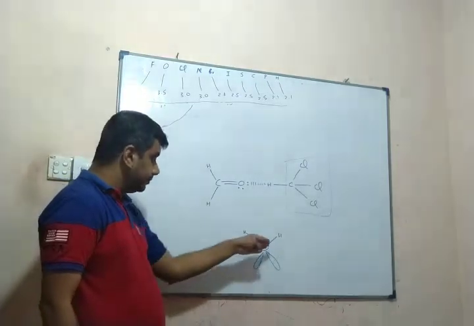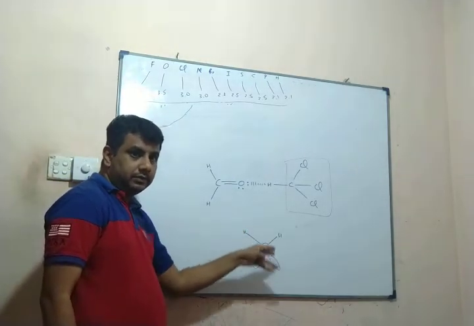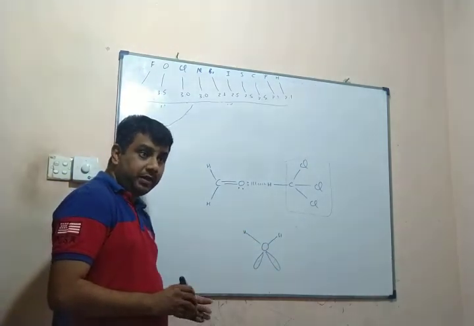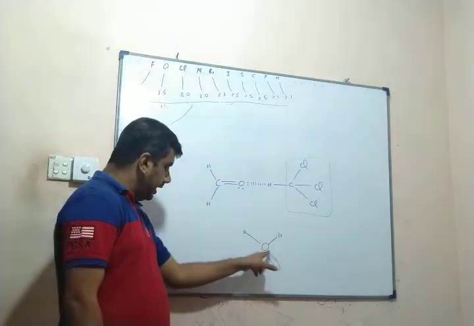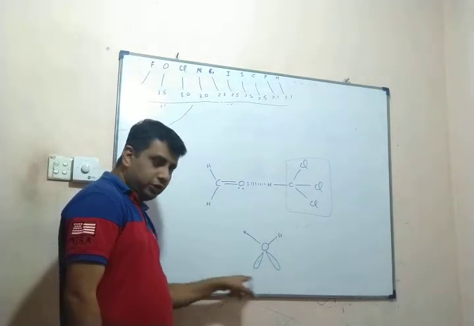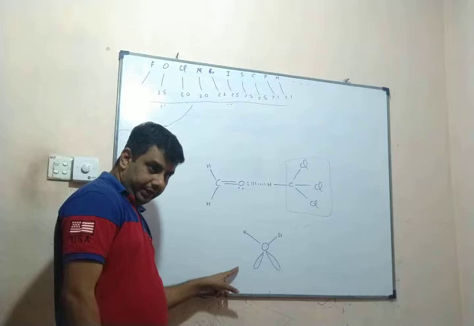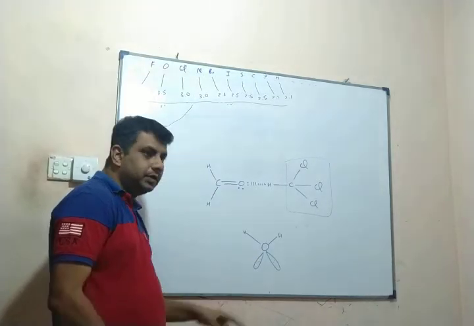What's the shape? Tetrahedral. Molecular geometry? Angular. Electron pair geometry? Tetrahedral.